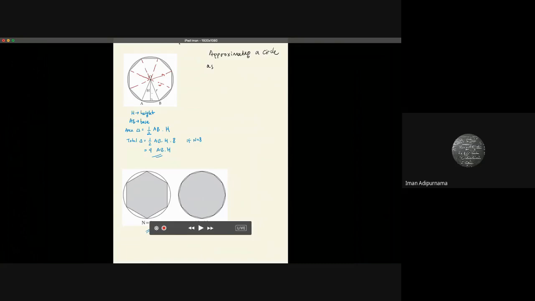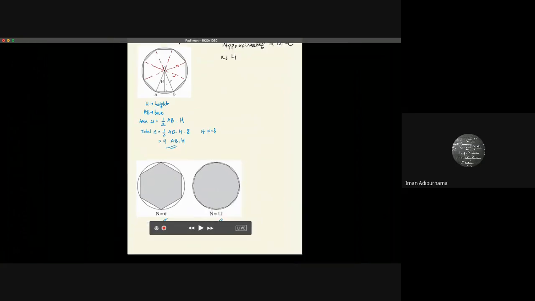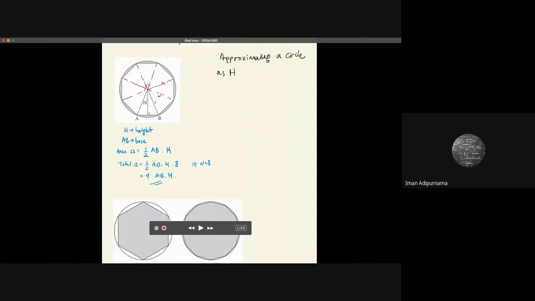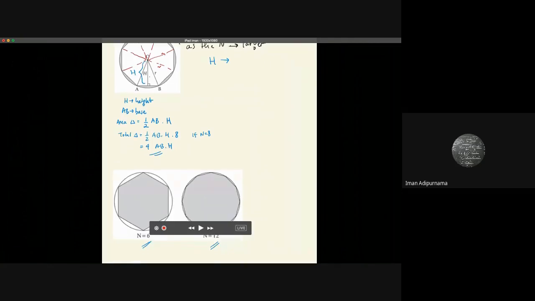Let's say the height is h. As n gets larger, we can see our h. See, h is here, this is h, right?